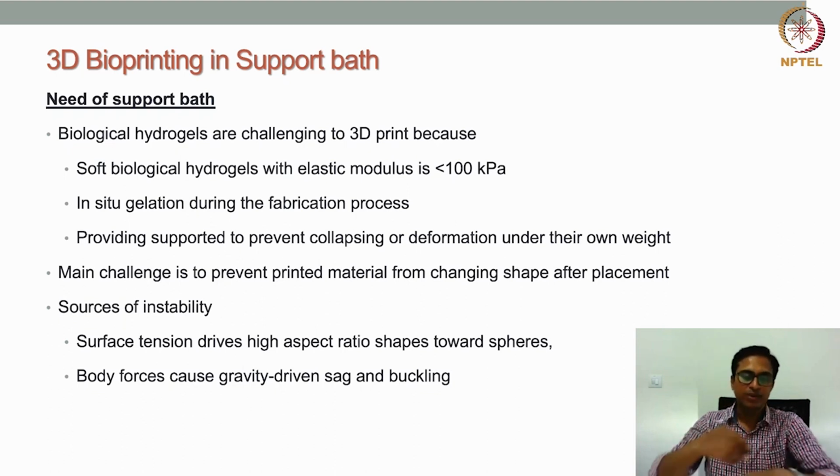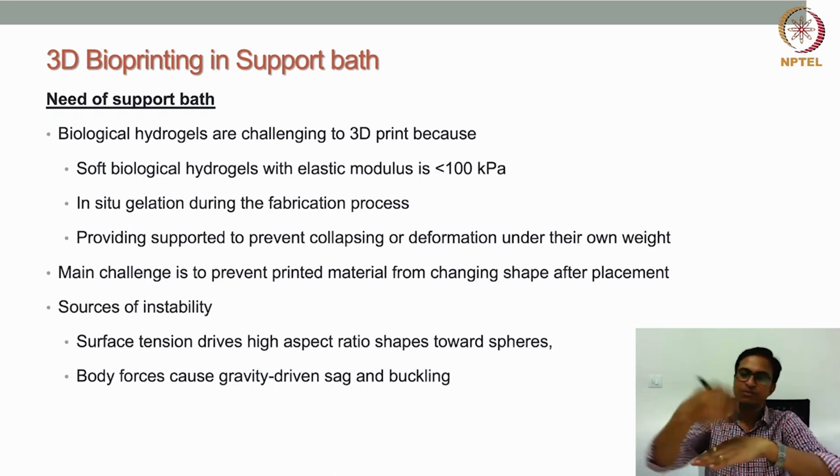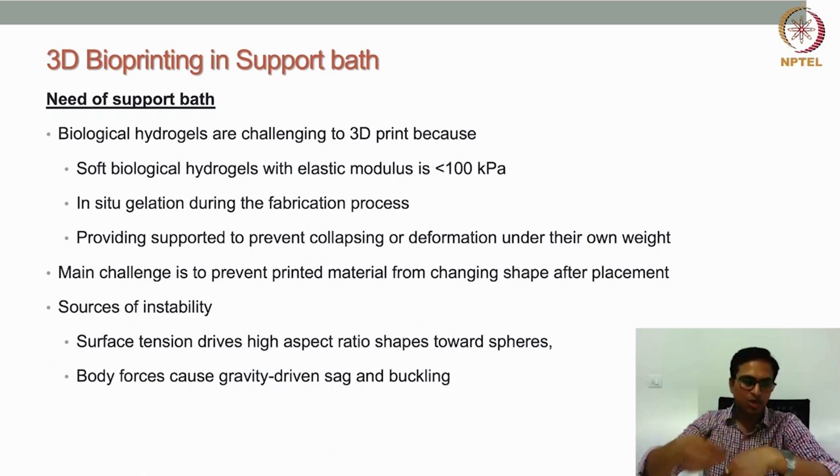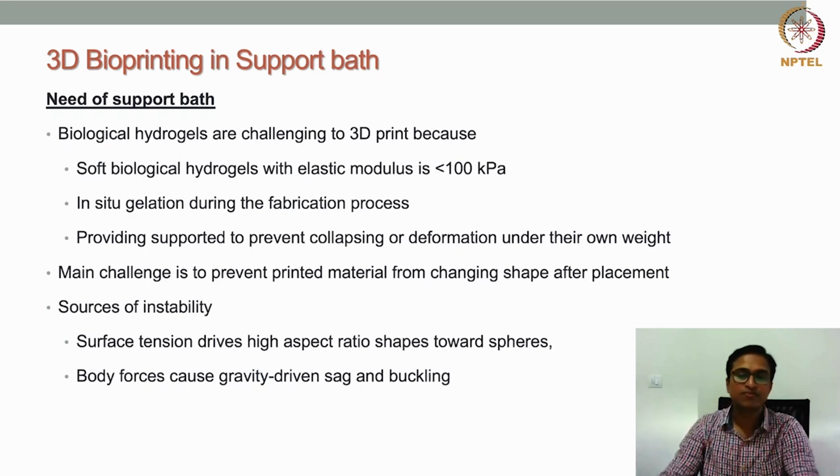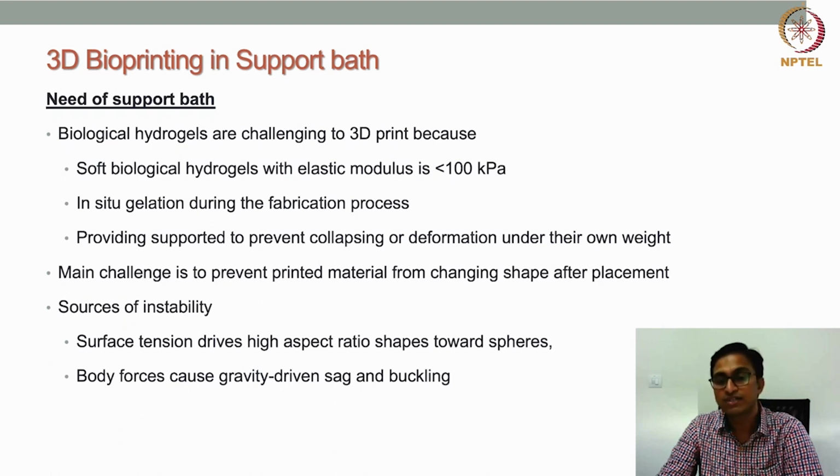When you print the structure, when the material comes out through the nozzle or any other means, after some time the material starts to collapse, and it can deform. Because of that deformation, the structural resolution and even the printing fidelity are not that great.